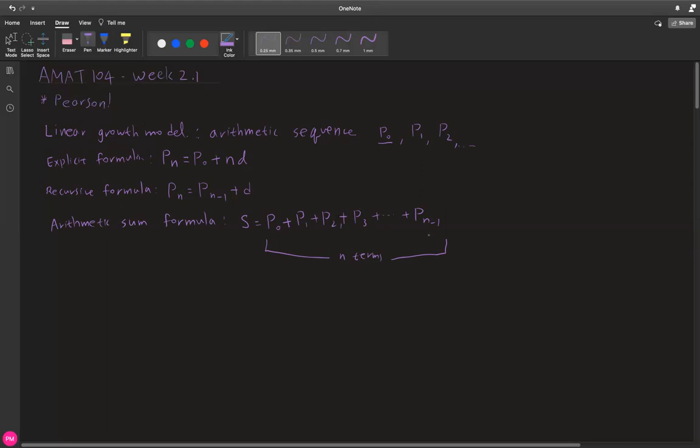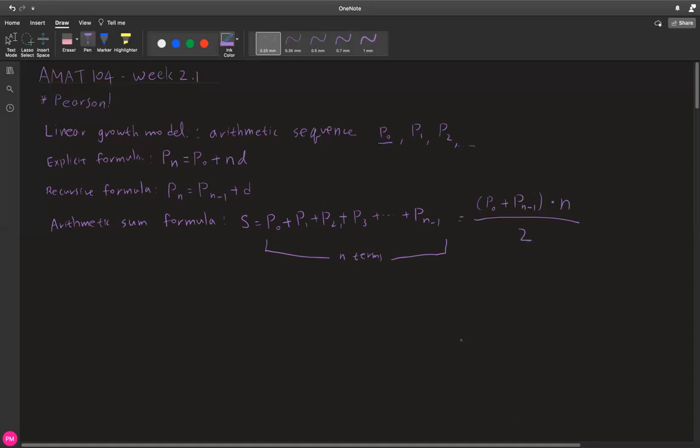The arithmetic sum formula is very useful when you are calculating the sum of the sequence from the first term up to n terms. So what was the formula? You add together the first term and the last term of the sequence, multiply by the number of terms, and divide by 2.